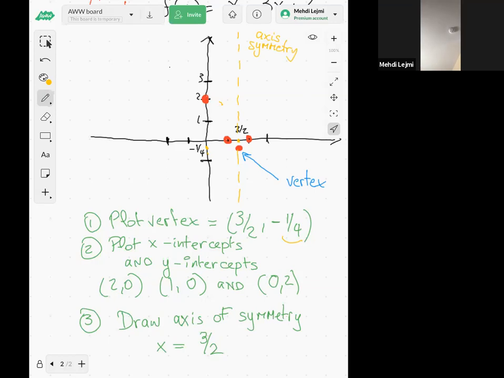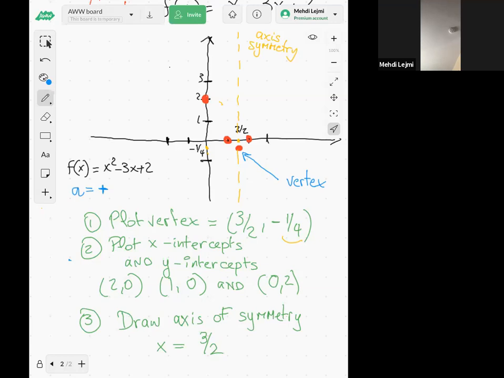Remember, guys, this is a very important remark. My f of x was x squared minus 3x plus 2, right? So my A is positive 1, right?